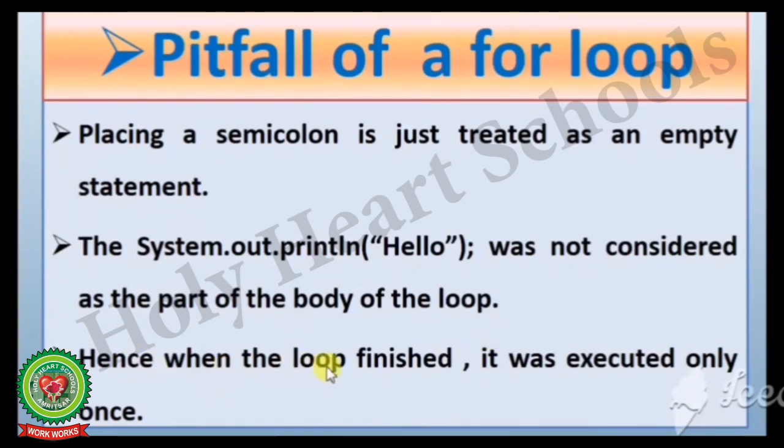Hence, when the loop finished, it was executed only once. So only one time the message will be printed on the screen. Clear, students? That is called a pitfall of a for loop. Means after the for loop, if semicolon is there, that is called an empty statement. And after that, whatever the statement, that is system.out.println, will not be considered as a part of the loop. Clear, students, everyone?